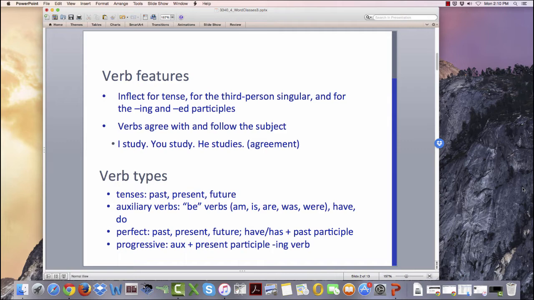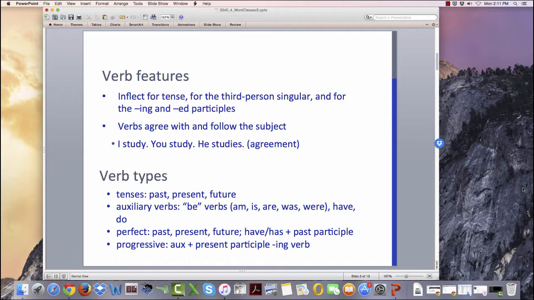And verbs also have the ing form, I am teaching. They also have the ed participles, I have studied. As we said, verbs agree with and follow the subject. So again, I study, you study, she studies, or he studies.